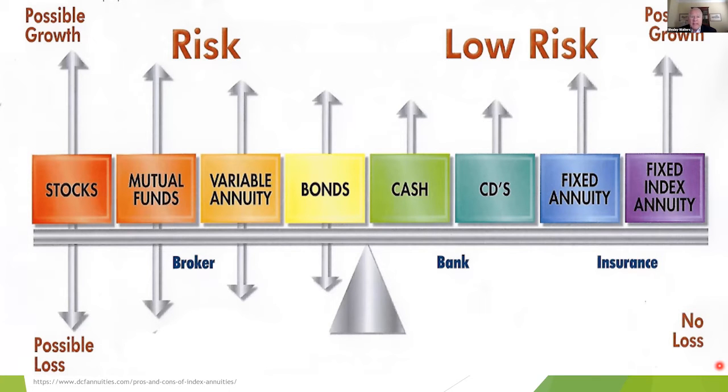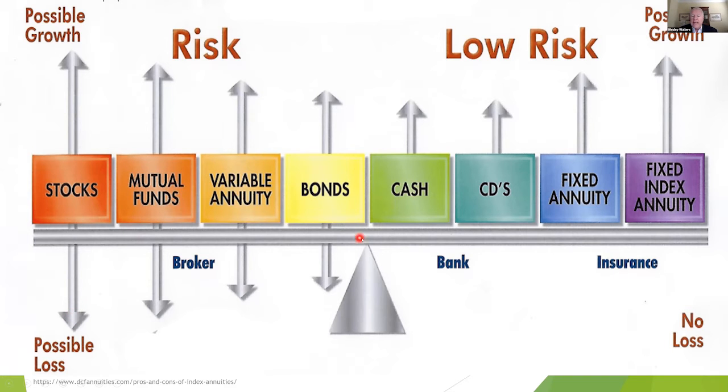This is your spectrum of risk. Over on the left side, stocks in general are the riskiest of the things that you'll be exposed to. Also has the potential for the biggest gain, but also has the potential for the biggest loss.